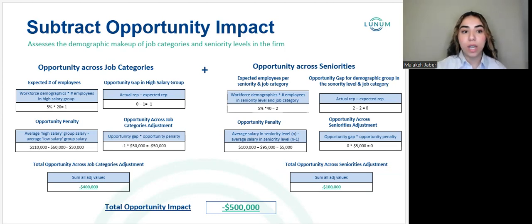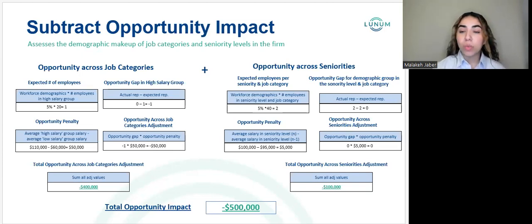In this instance, employee X, we know that there's 5% Black females within the firm. We then multiply that by the number of employees in the high salary group. In this instance, there are 20 employees in the high salary group at company ABC. Once we run that calculation, we reach a figure of 1. That 1 means we expect to see 1 employee within that high salary group.